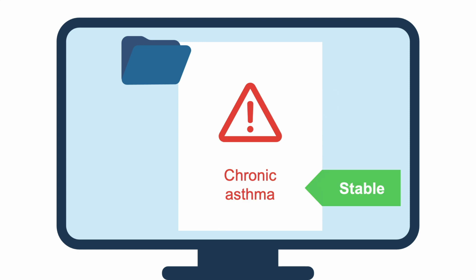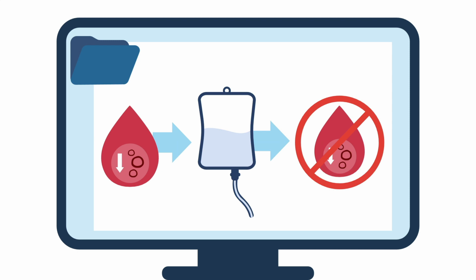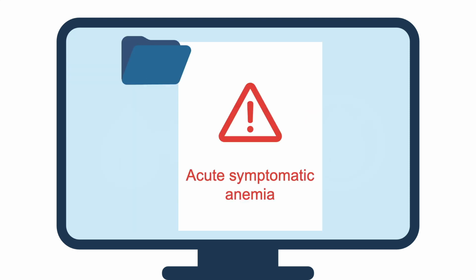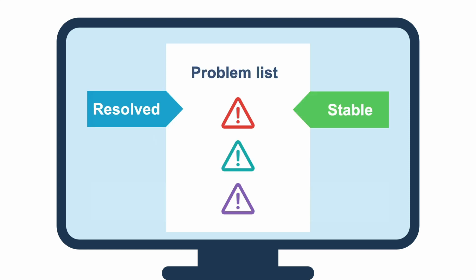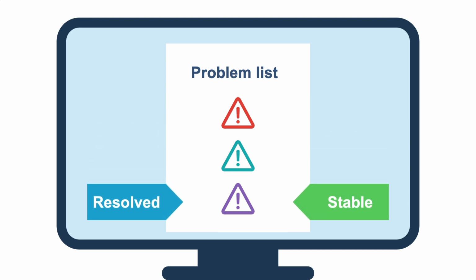This can also help delineate problems that were previously of high clinical significance but have since improved. For example, if our patient recently had symptomatic anemia that resolved after transfusion, you could call this problem acute symptomatic anemia resolved. Resolved or stable problems can be considered lower on your problem list.